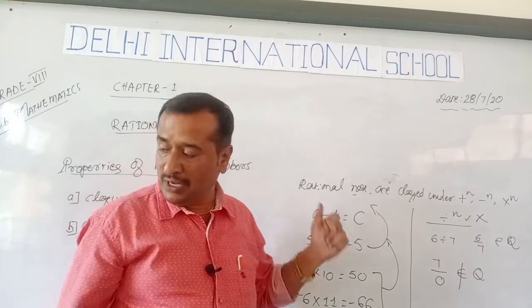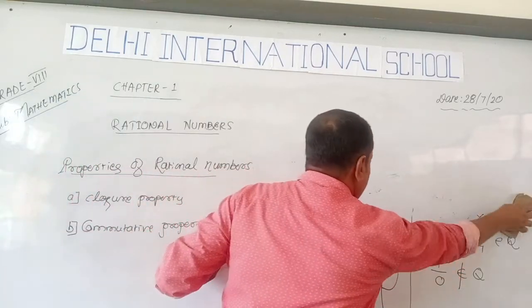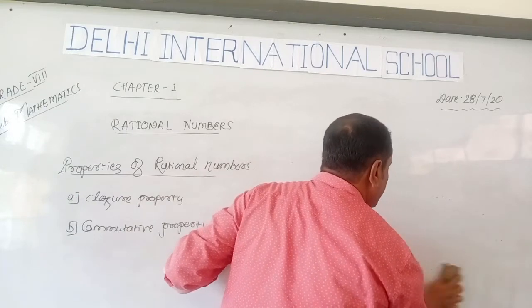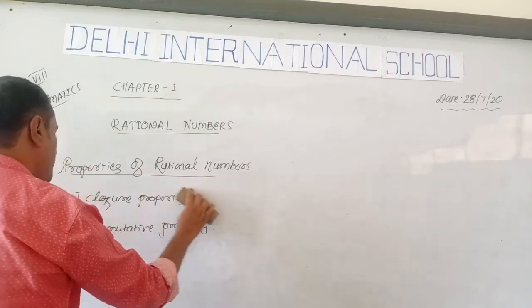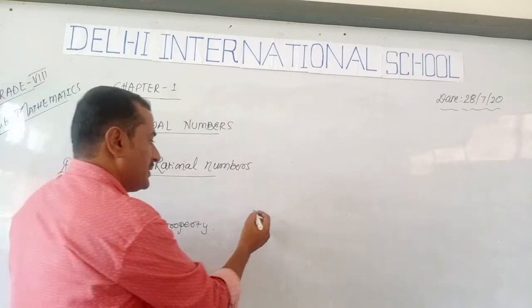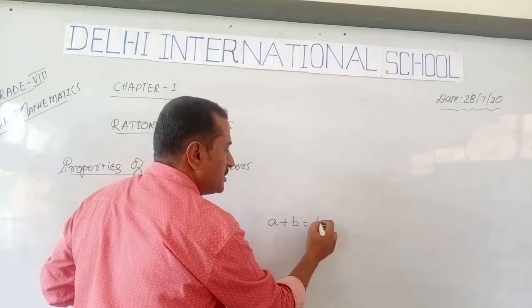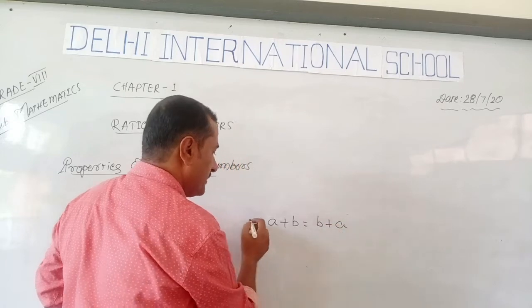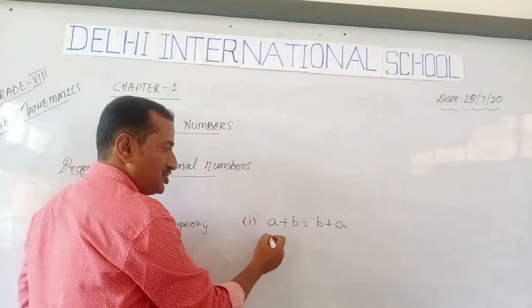Similarly, we will go for the commutative property. What is the commutative property? Generally, for any two numbers A and B, A plus B is equal to B plus A. This is the commutative property for addition.